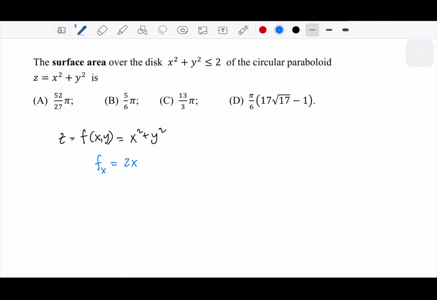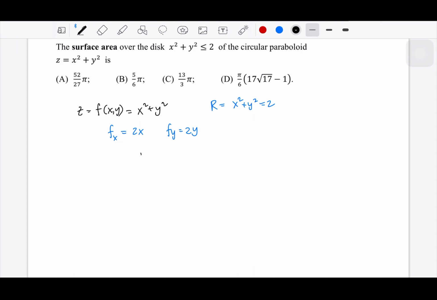So partial x we could have 2x, partial y we could have 2y. Okay, if you remember how to develop the surface area, because we have 2x and 2y, let's say we could write dA first, right?